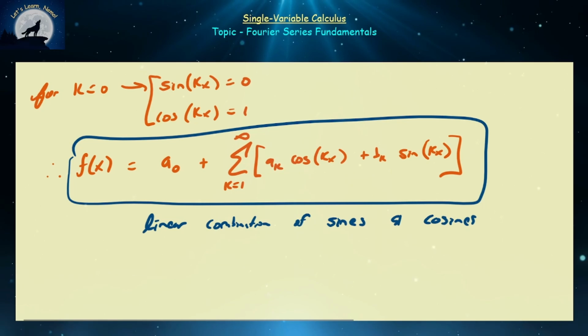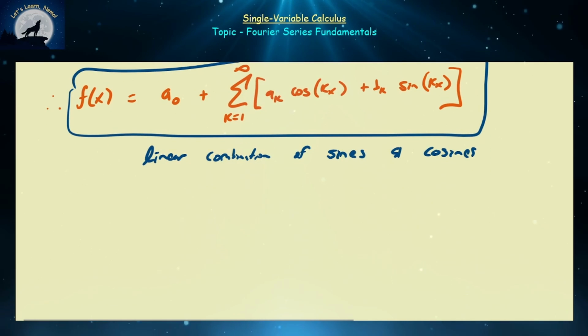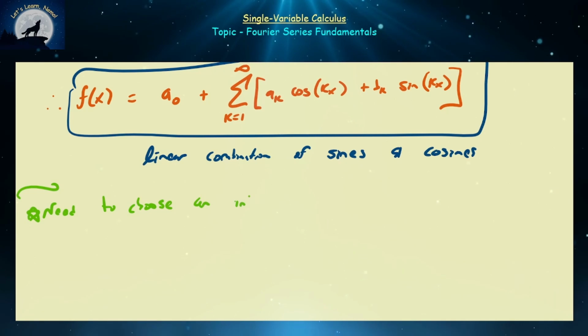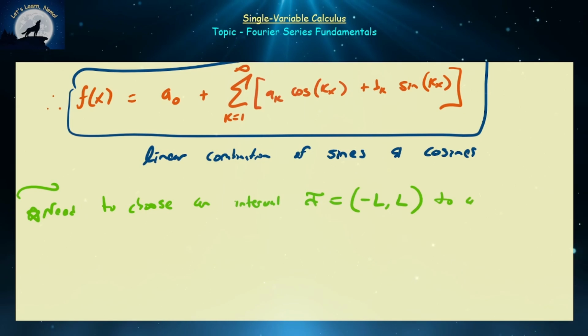All right. So one thing that needs to be chosen on our end, similar to how the center of the power series needs to be chosen for Taylor series, is an interval. I'm going to define this interval I as from minus L to L to approximate f(x).